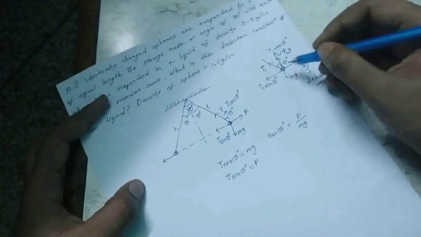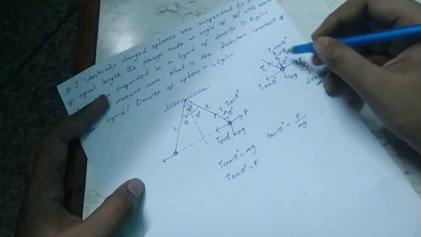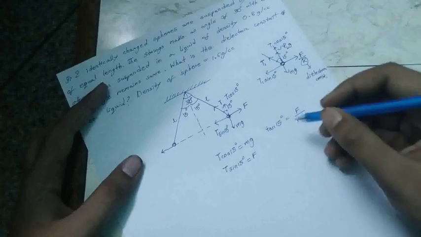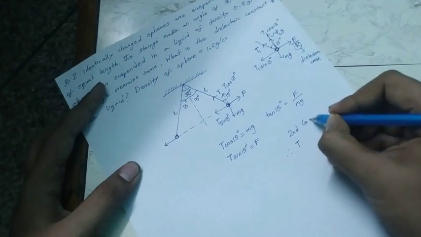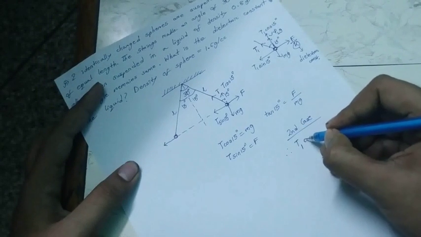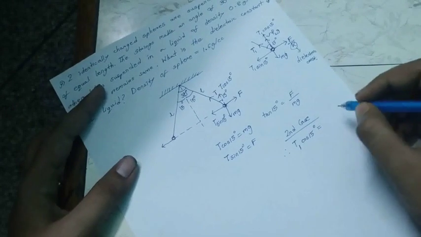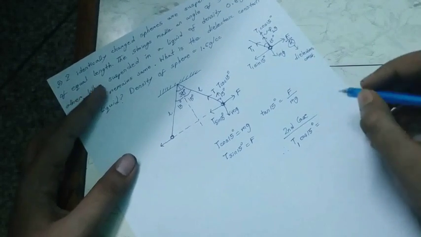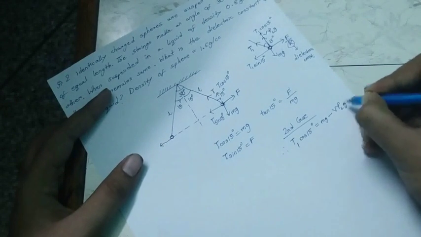In the y direction we have two forces, T1 cos 15 degrees and V rho L g, which is the upthrust, and downward mg. So we have found one equation in the second case, that is T1 cos 15 degrees is equal to mg minus V rho L g.